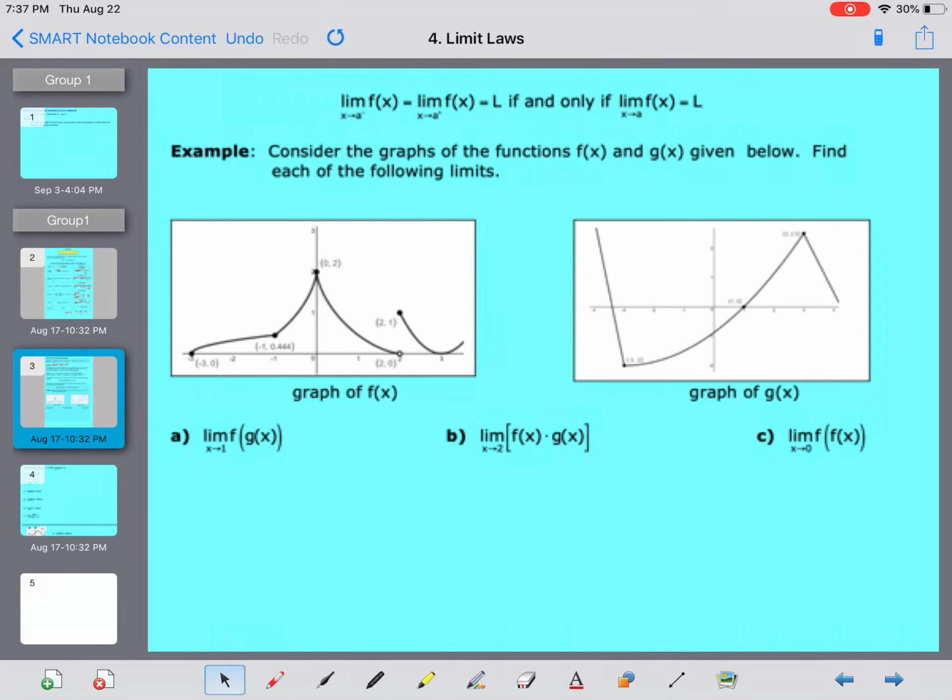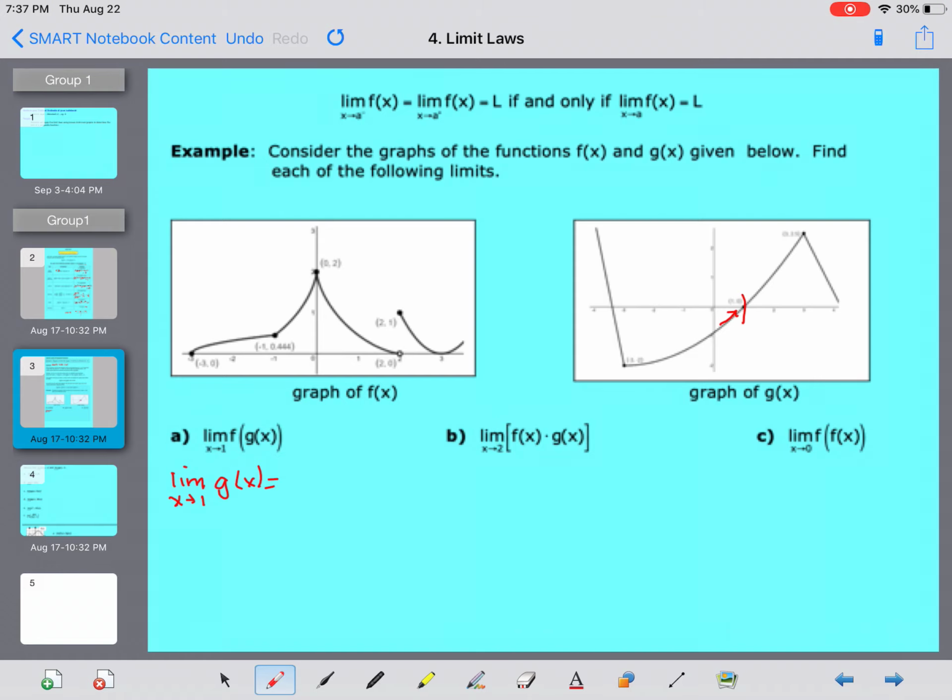So we have f of x on the left, we have the graph of g of x on the right. So the first one is looking at the limit of f of g of x as x approaches 1. So according to the composition rule, I should be able to first take the limit as x approaches 1 of g of x. Okay. So on g of x, this is my 1 right here.